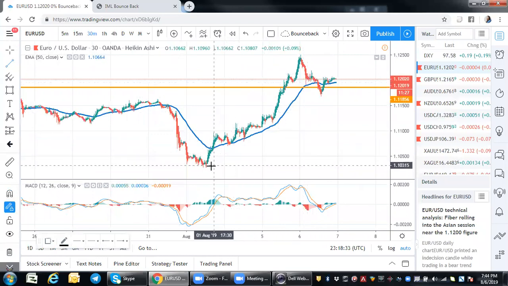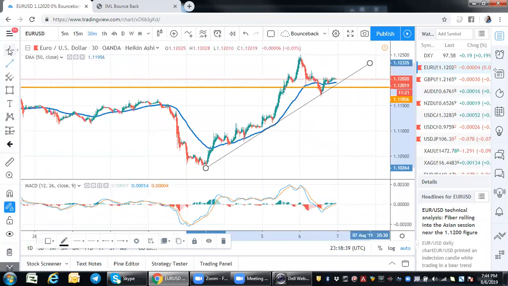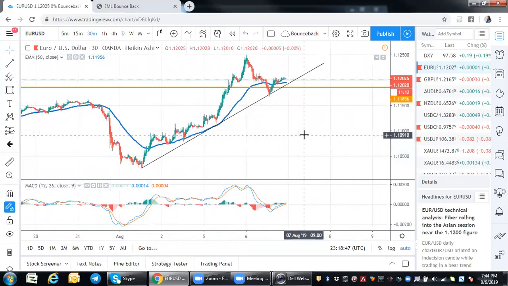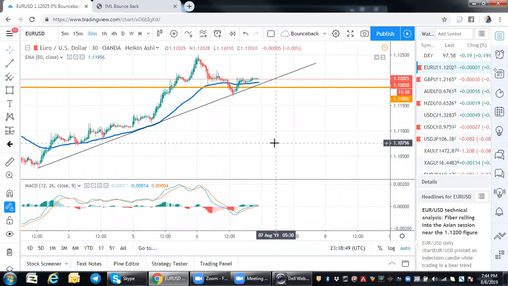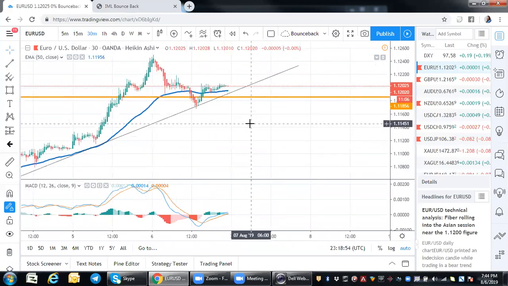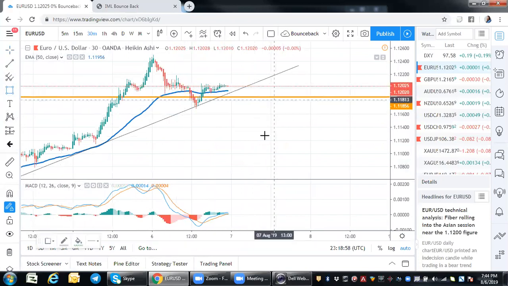So first thing we're going to do is identify the trend. So you already know we need to do that. We need to identify the trend, right? Good. So here, we identify the uptrend. Now, we need to identify the zone, the structure.